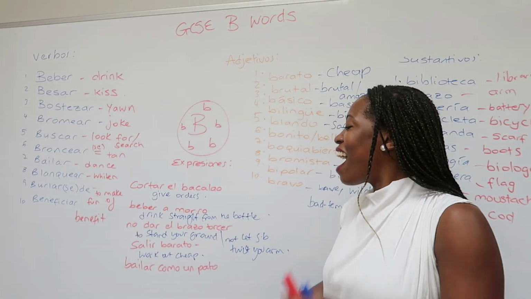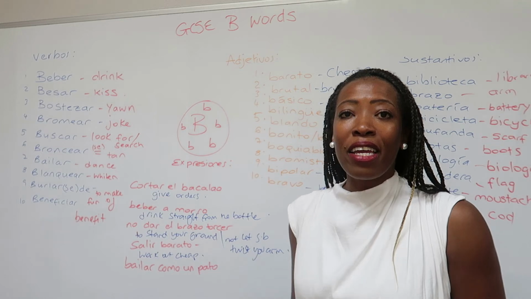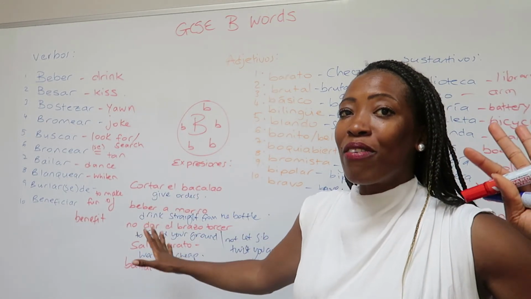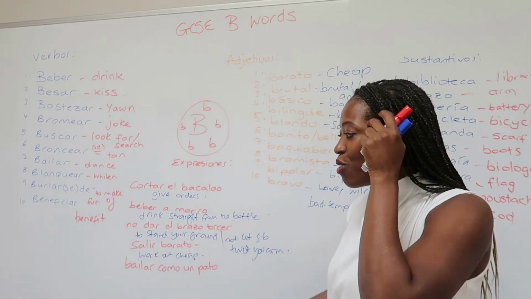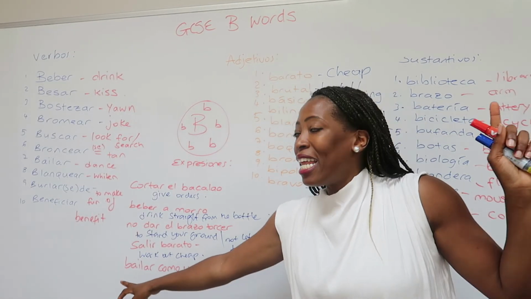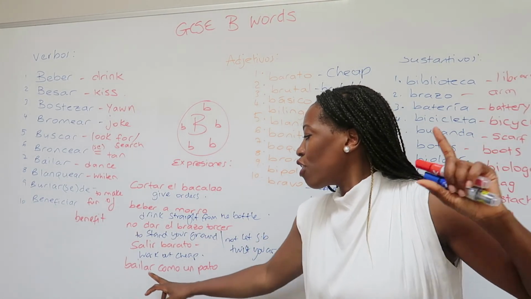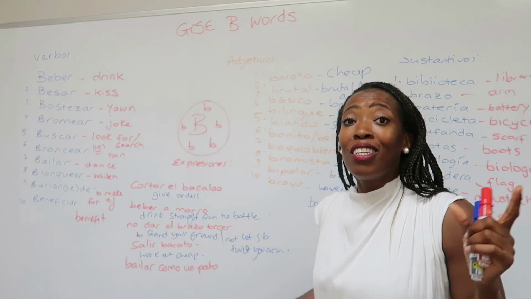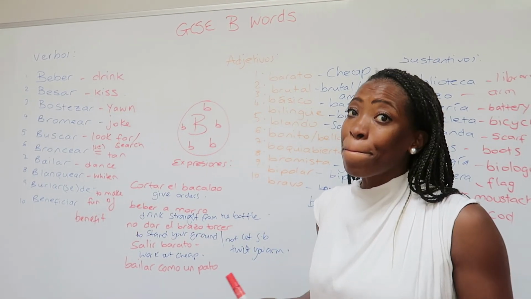There you go. And the last one, I know you know this one, and even if you've never heard it before, think about it, take a minute and translate in your head, okay? Bailar como un pato. So, bailar, remember, it's to dance. Como, like, un pato, to dance like a duck.